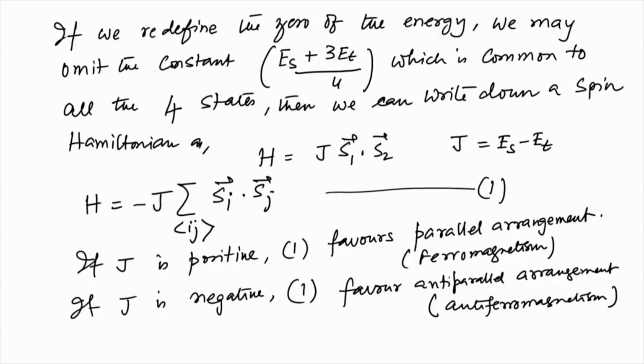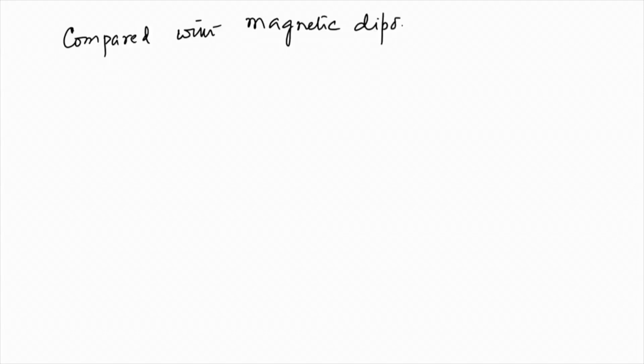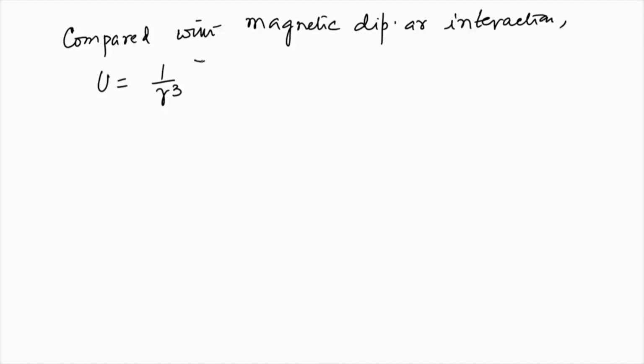And so, this can be compared with the magnetic dipolar interaction. Like this, which is 1 over r cube, and it is m1 dot m2.